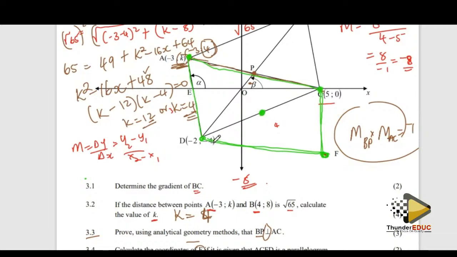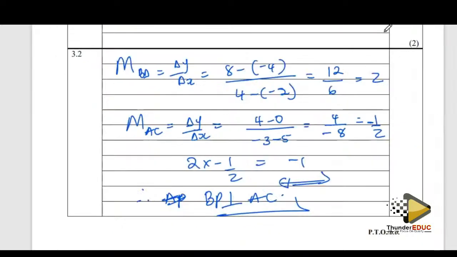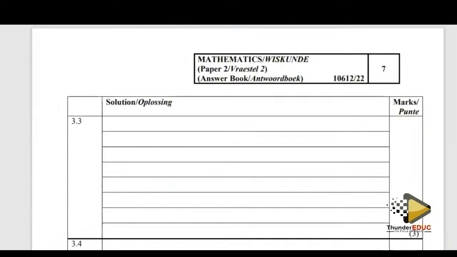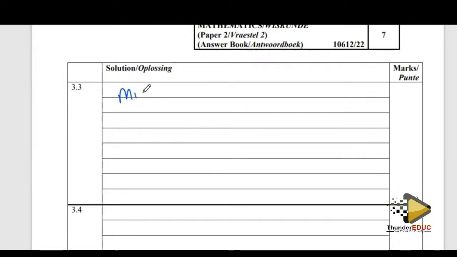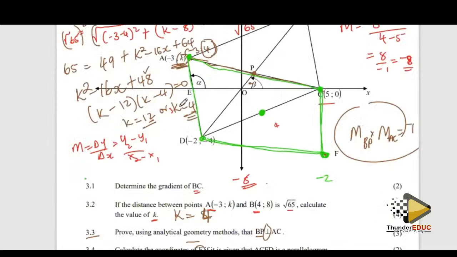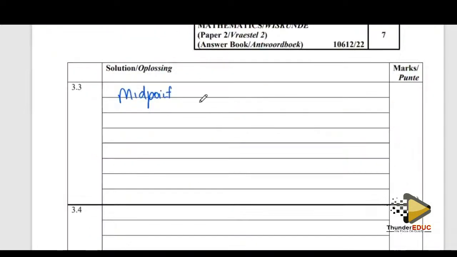So we're saying the midpoint of DC will be x1 plus x2 over 2, and then y1 plus y2 over 2.